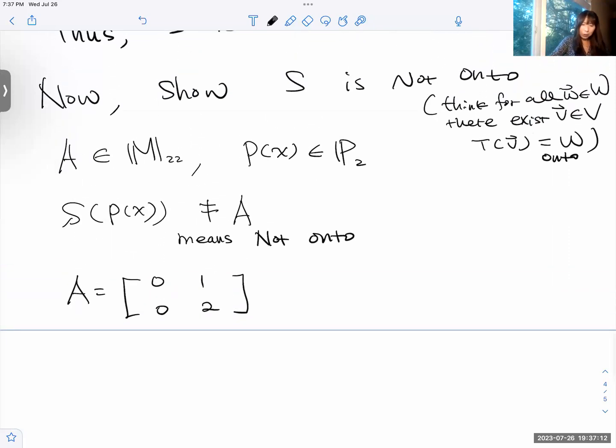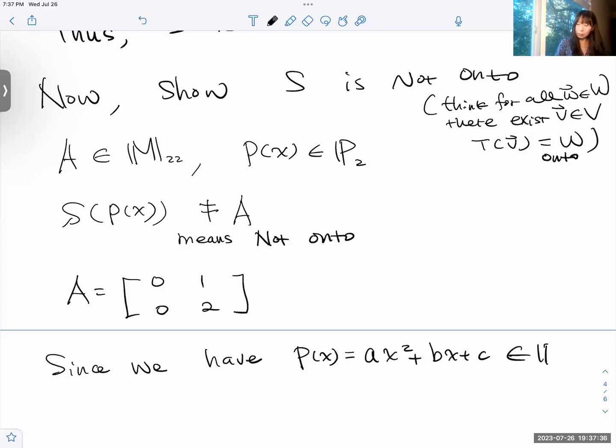So for the polynomial, since p of x has degree 2, we can use ax squared plus bx plus c, which is in the polynomials of at most degree 2.